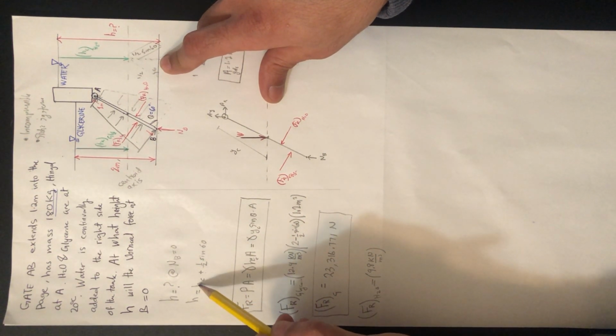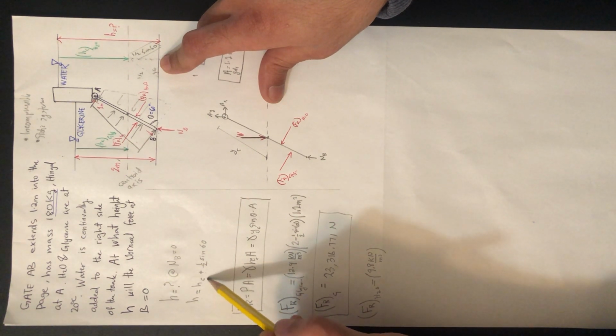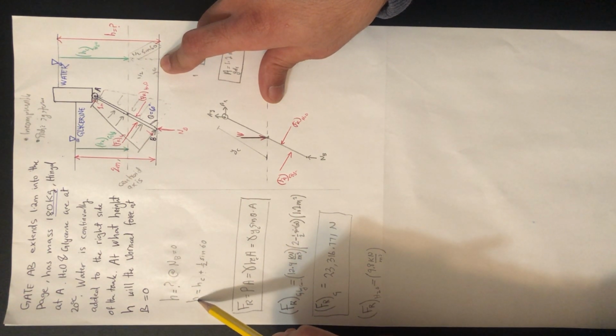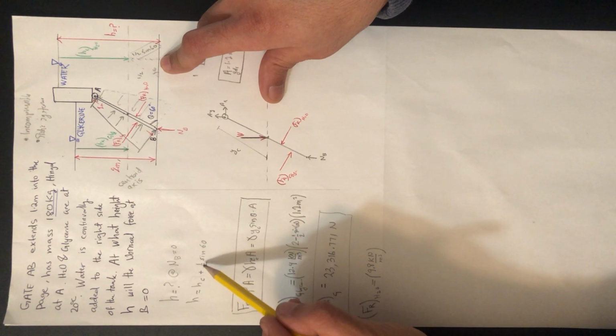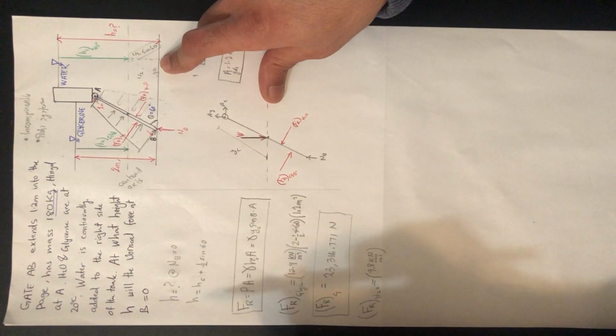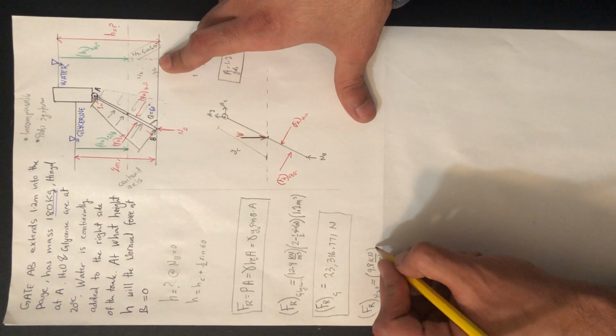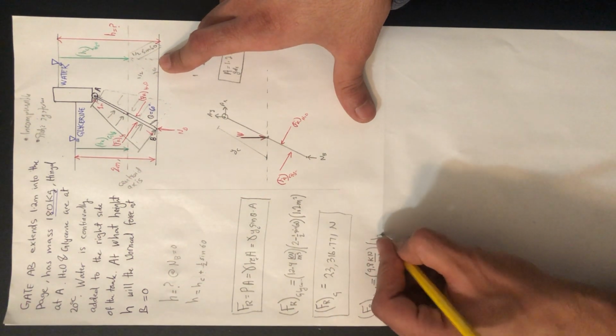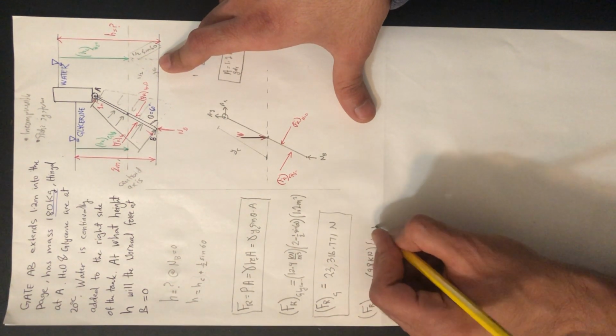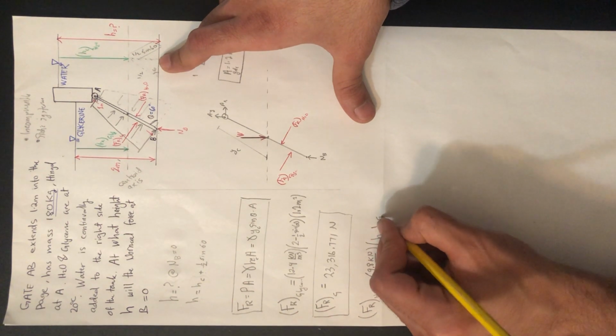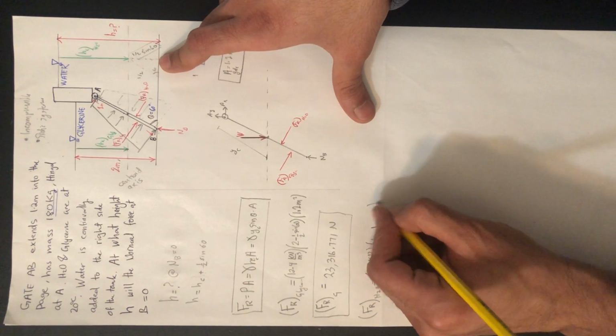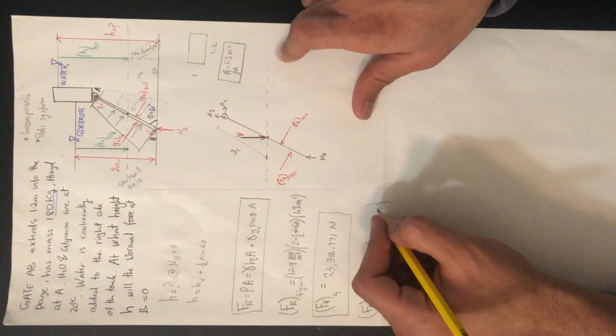So now we want to use HC. So HC is H minus sine theta. We just took this to the other side. Times the area.